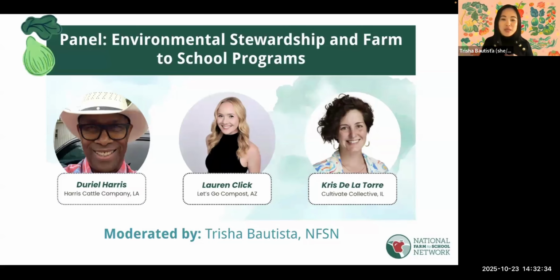And then this is followed by Chris De La Torre from Cultivate Collective, who has done great work in the school food cafeteria and making spaces like these welcoming and holistic for students in the surrounding community. And then Lauren Click, who started a nonprofit focused on composting called Let's Go Compost. Also, I saw Lauren Click was in Rome recently presenting at the UN World Food Forum. So amazing to have you all three here.